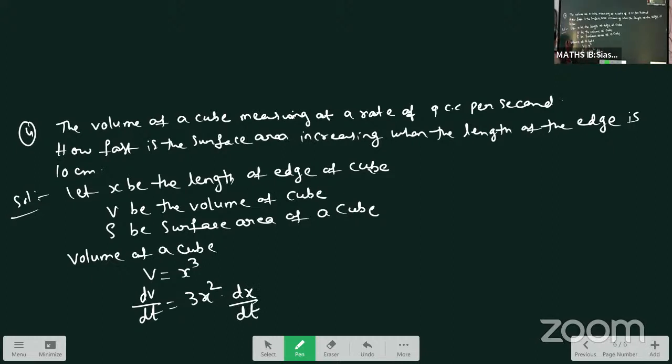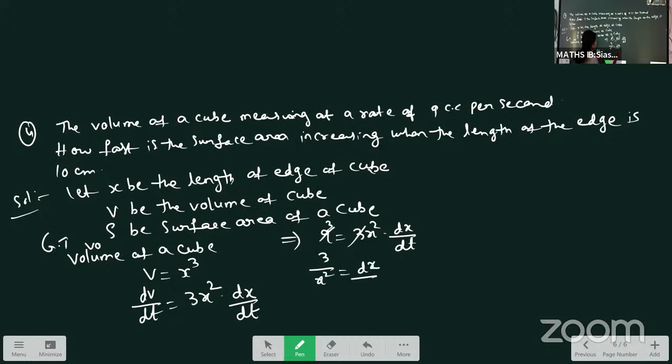The rate of the volume of the cube, 9 cubic centimeters, is given. So 9 is equal to 3x square into dx by dt. So 3 by x square is equal to dx by dt. Keep it as equation 1.